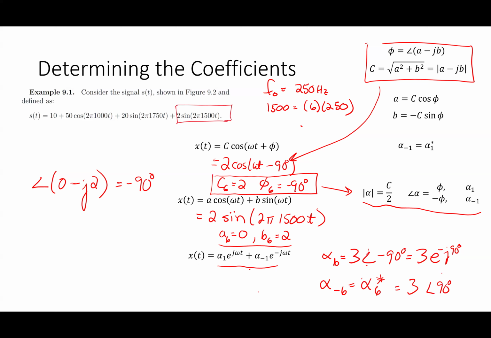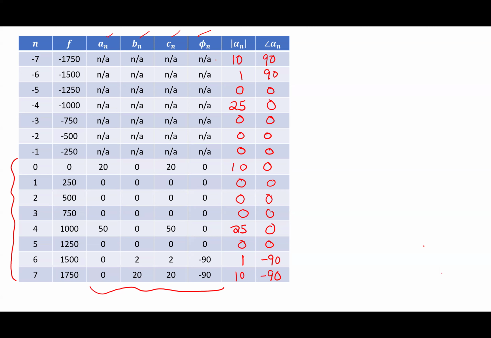Here's all the values. I wrote in all the values there. Now, what I did was I have my frequencies now going from -7 to 7. Right? So I have some negative frequencies. Then I have my A values, my B values, my C values, my phi values, and my alpha values.